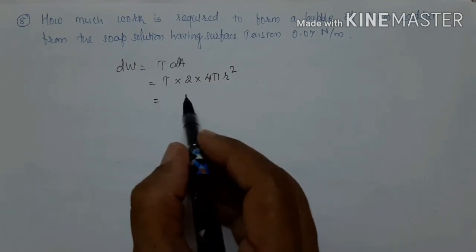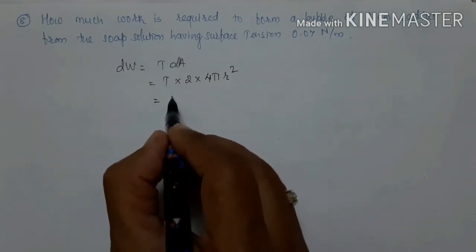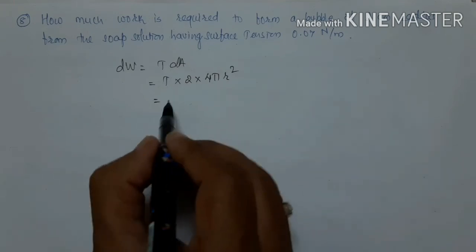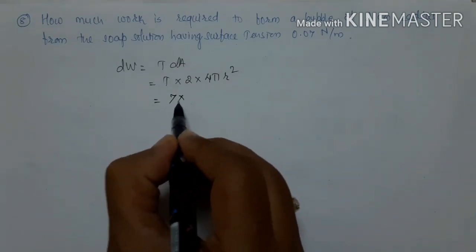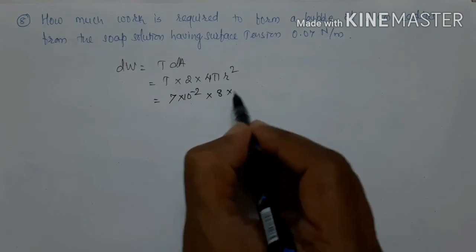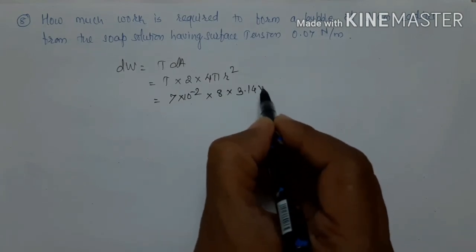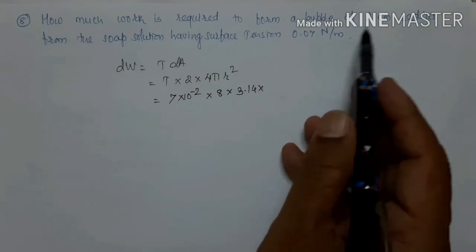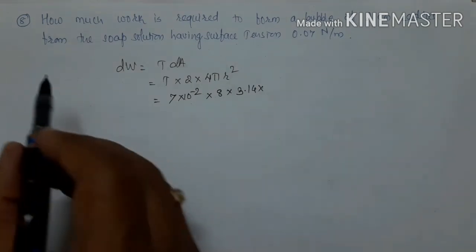The T is given to us, it is 0.07, which means 7 into 10 to the power minus 2, into 8 into 3.14, and the radius is 2 centimeter.